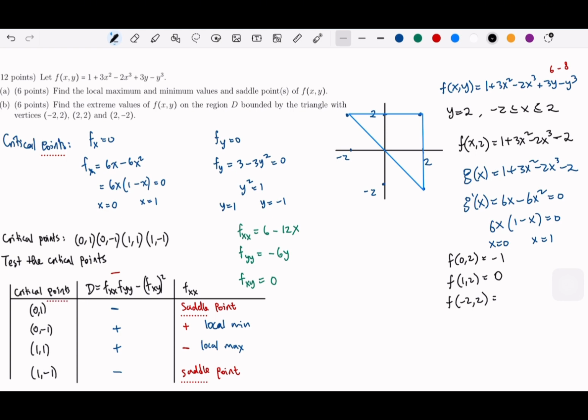Can someone help me? What is this? Quite lazy to compute. 16 minus 13 is 3, 3 minus 2 is 1, right? It's 1.